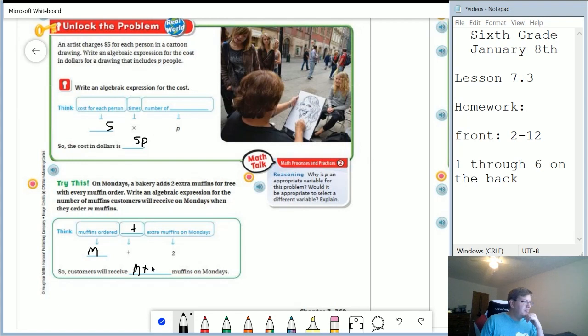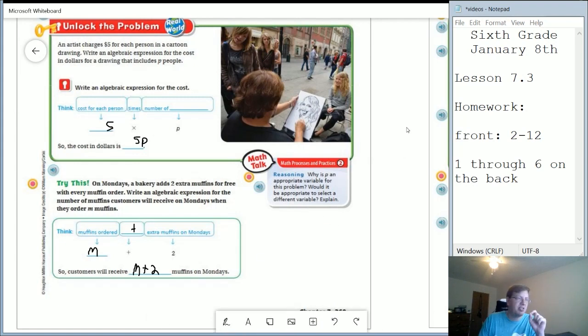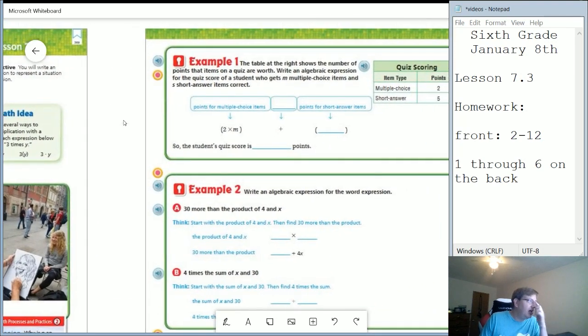So whatever M is, let's say I buy 5 muffins. Then my answer would be 5 plus 2. If I only bought 4 muffins, it would be 4 plus 2. So that number is going to change what our answer will be.